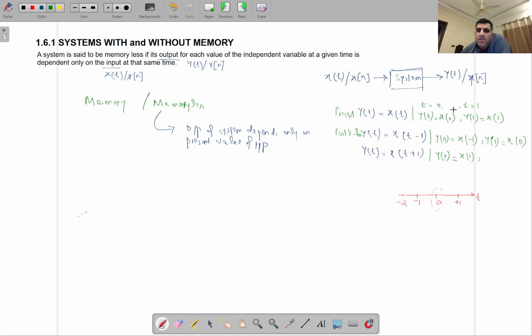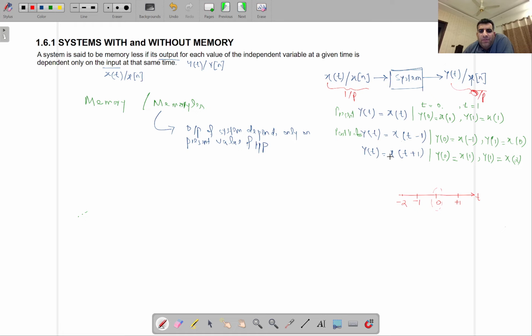Similarly, if I take another value, t is equal to 1, so I'm going to get y of 1, and over here I'm going to get x of 2. So what I'm simply doing is substituting the values in this equation. So in order to find out the y1, I need the future value of the input. So remember, x is representing input and the y is representing the output, as I have just told you over here, that these are going to be the inputs and these are going to be the outputs.